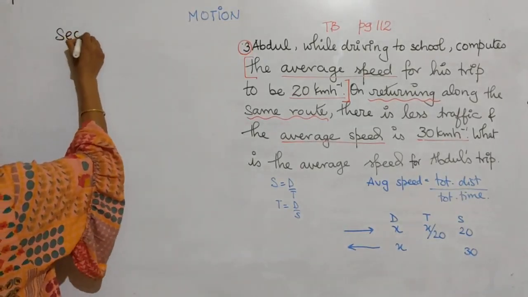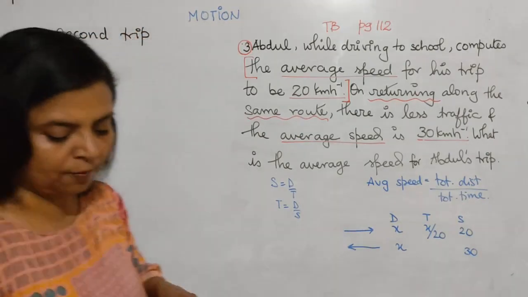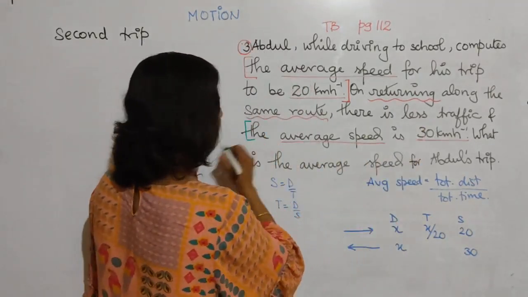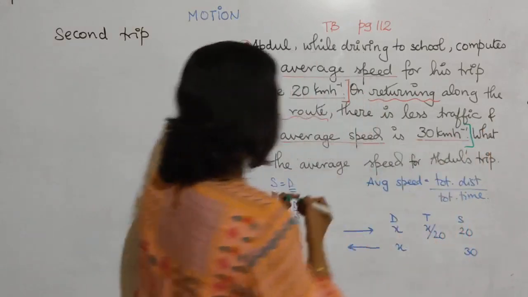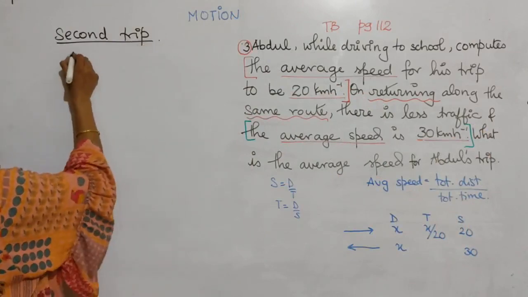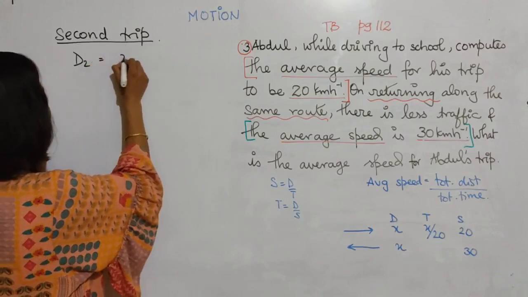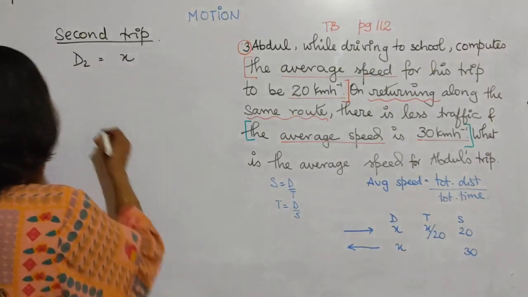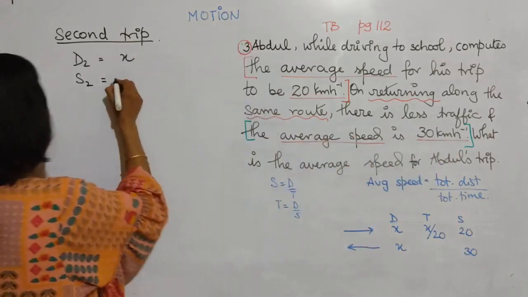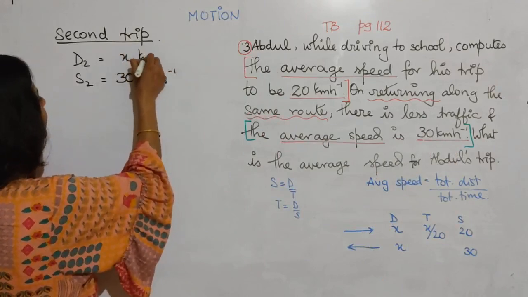Okay. So let us calculate the next part, and that is the second trip, that is from the average speed here to here. Second trip mein we will have the distance, as we assumed the distance to be x, right? And the speed in the second part is given as 30 kilometers per hour, and obviously this is also kilometers.